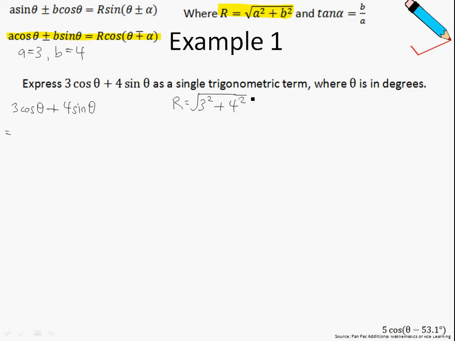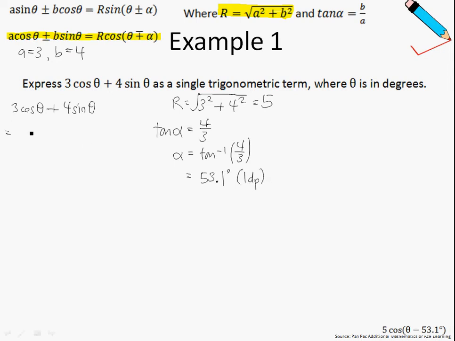I can use my calculator to help me evaluate this, and this is just 5. And the tangent of alpha is equal to b over a, which is 4/3. To evaluate alpha, we'll just take tangent inverse of 4/3. Make sure your calculator is in degree mode, and rounding this off, I will have 53.1 degrees to 1 decimal place.